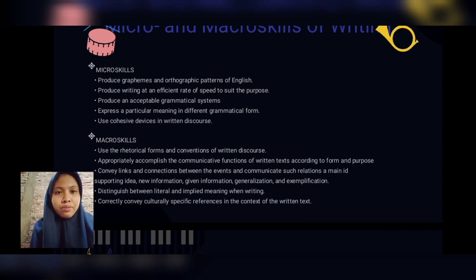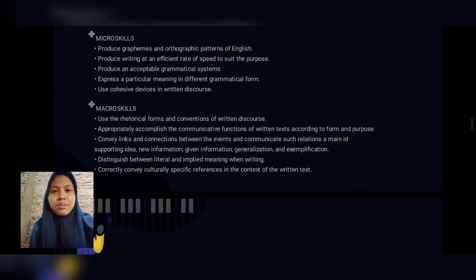And then convey links and connections between events and communicate such relations as main ideas, supporting ideas, new information, given information, generalization, and exemplification. And then distinguish between literal and implied meanings when writing. And the last is to correctly convey culturally specific references in the context of the written text.